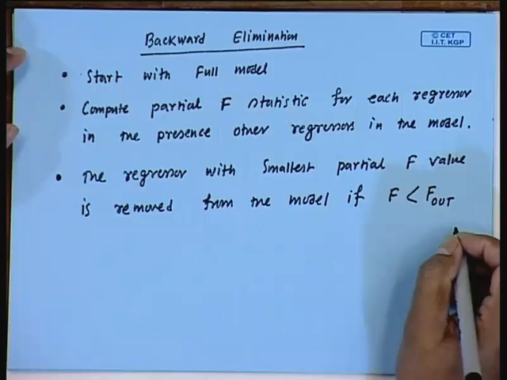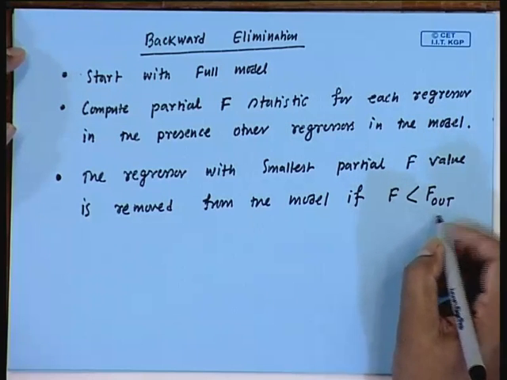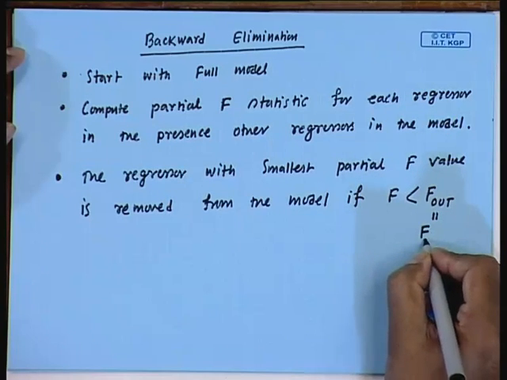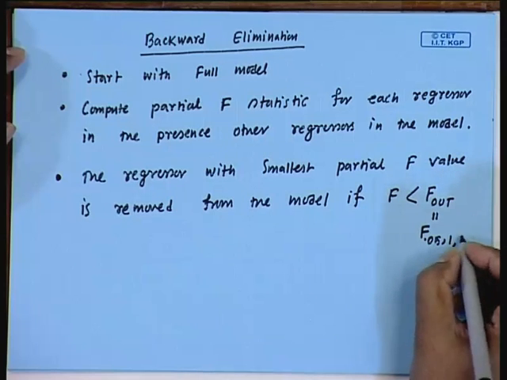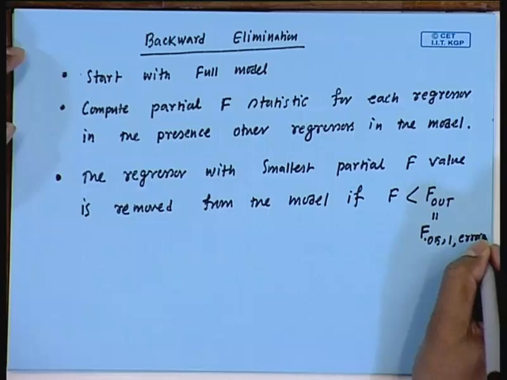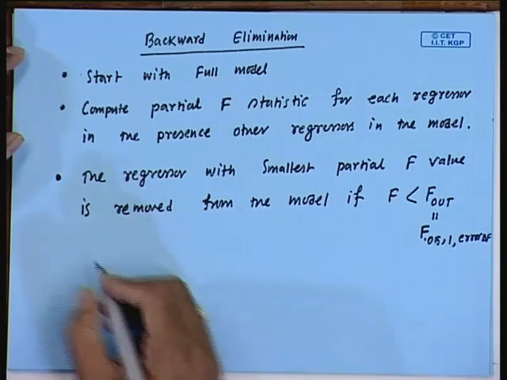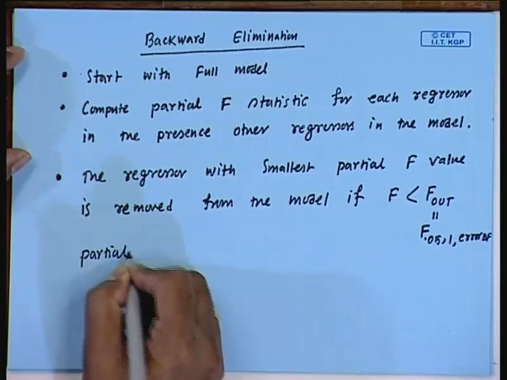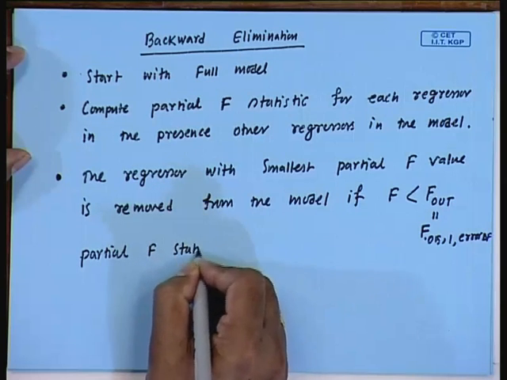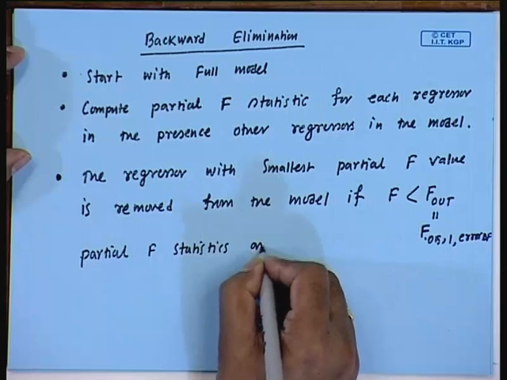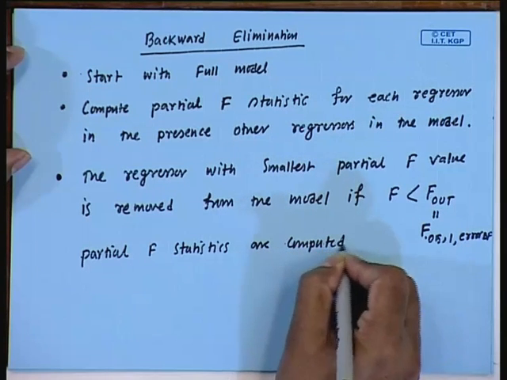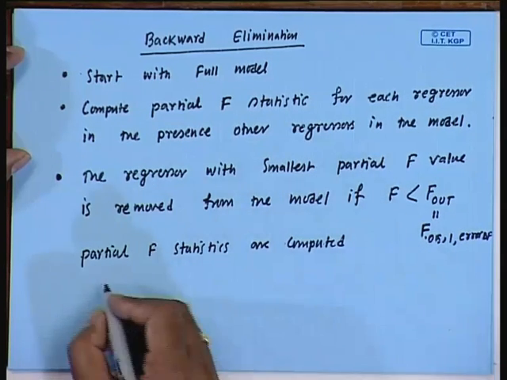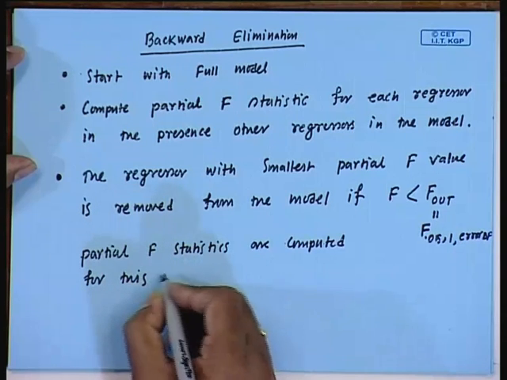Well, sometimes this f out is pre-specified, or this f out is equal to the tabulated value of f 0.05, 1 and this error degree of freedom, right, and then partial f statistic are computed for this new model.